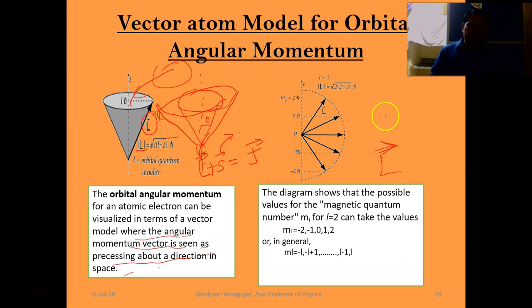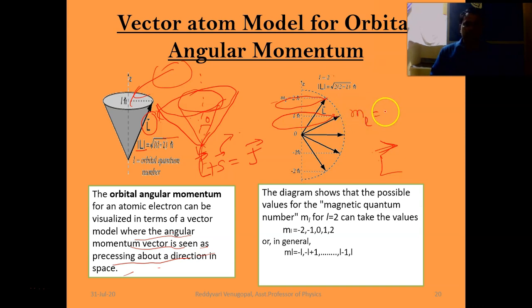It can take only some specified values. The specified values are like this. For this one a cone like this comes, for this one a cone like this, and for this one a cone like this. The angular momentum precesses like this for this particular orientation.